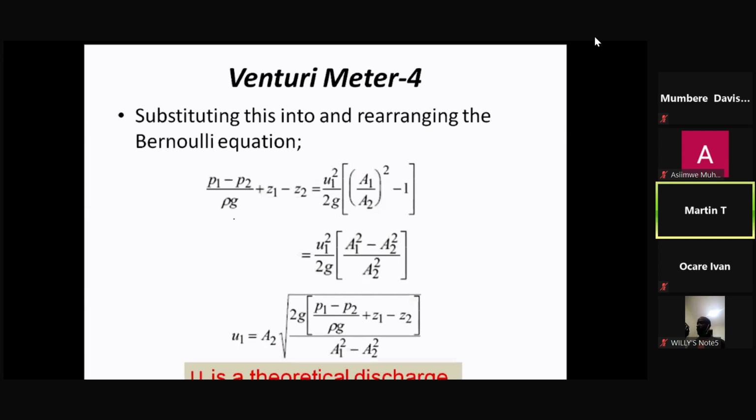So in theory, that is the velocity at point 1 that we would get.